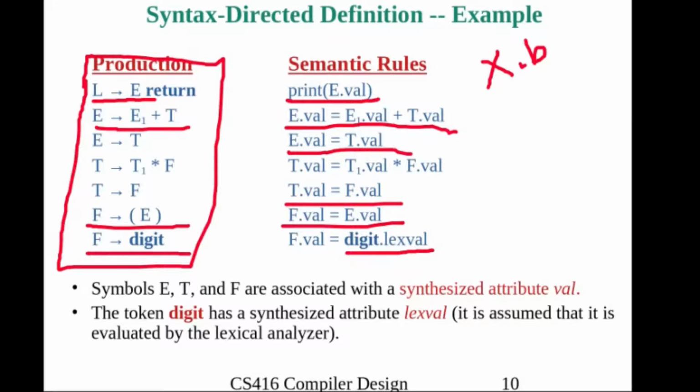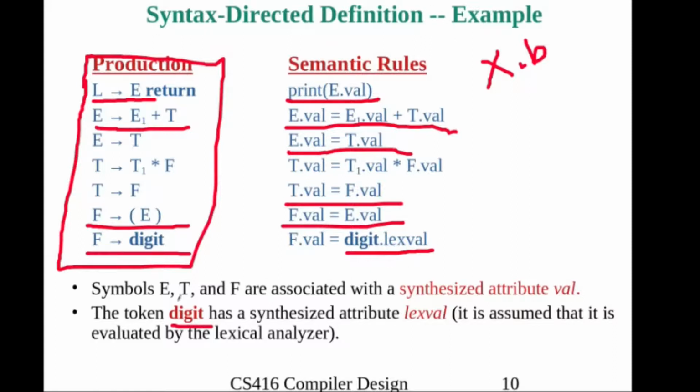That's why we write it as lexval. Look at here, E, T, F are associated with the synthesized attribute val. So here we are considering only one attribute, val, and that is a synthesized attribute. So this is an example of a syntax-directed definition with a synthesized attribute alone. A digit has a synthesized attribute lexval. It is assumed that it is evaluated by the lexical analyzer.